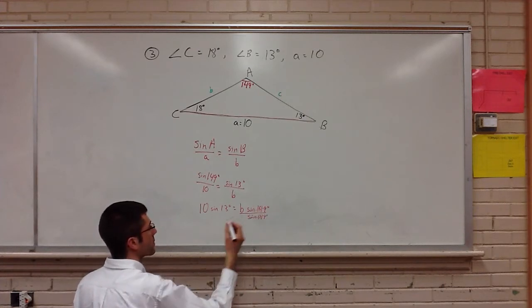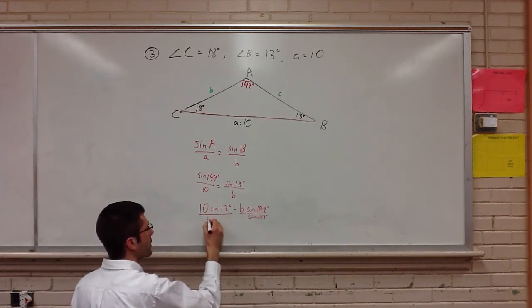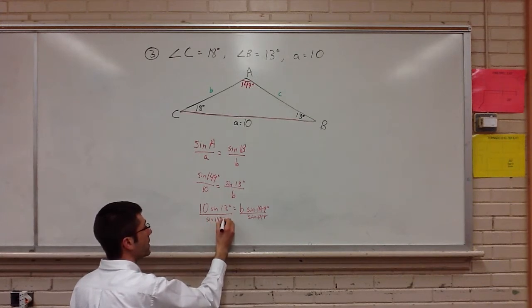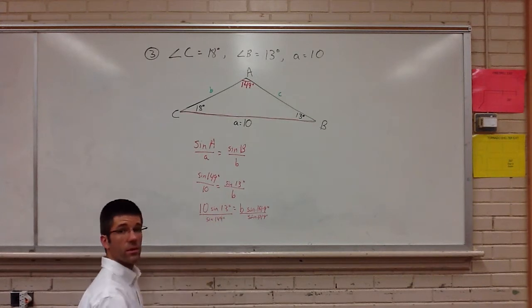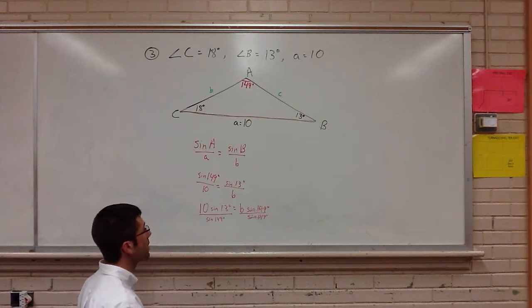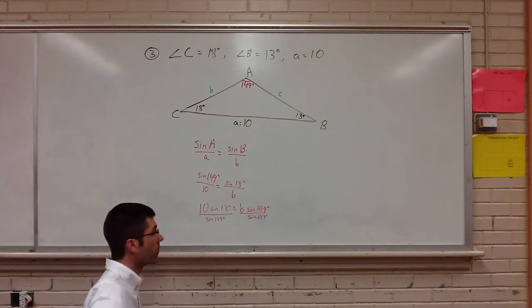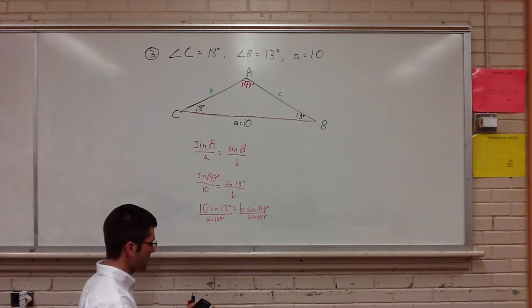Those cancel. Now, I don't know what the sine of 149 is, you don't know what that is, but the calculator will tell us. So 10 times the sine of 13 divided by sine of 149.